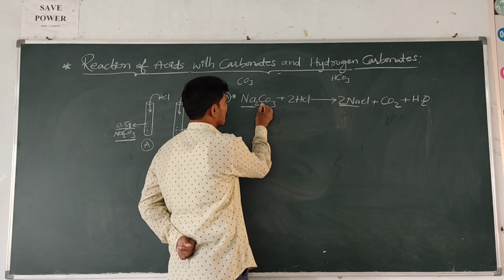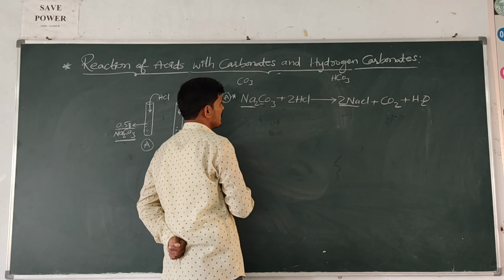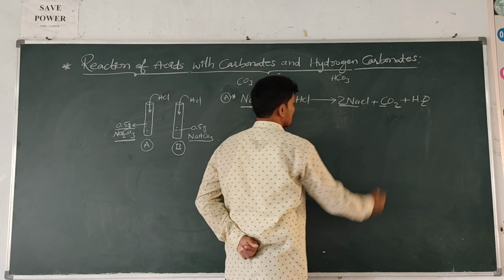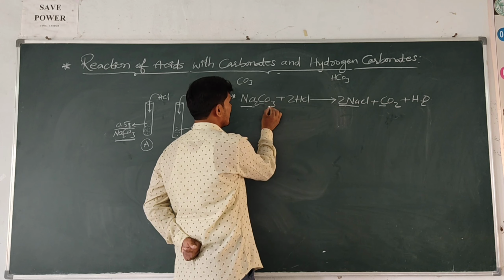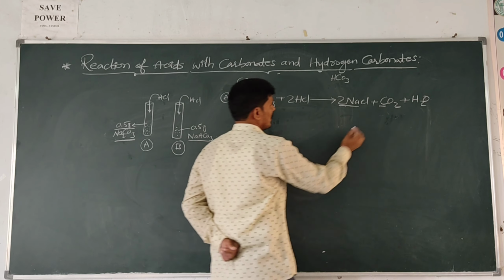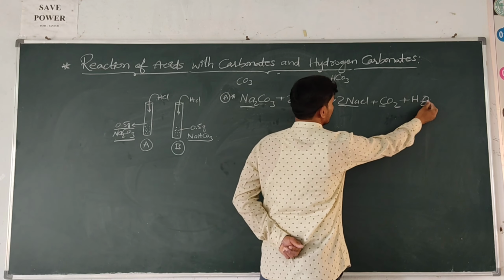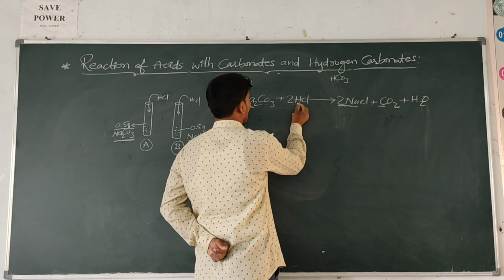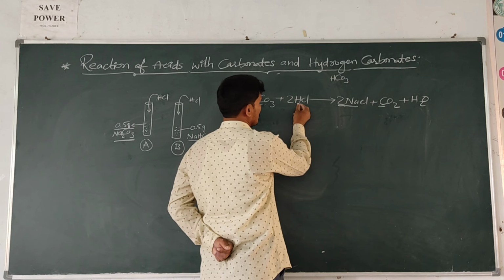Next, how many carbons are there? Only one carbon is present in the reactants. Here also only one carbon is present. How many oxygens are there? 3 oxygens: 2 plus 1 oxygen is present, so the 3 oxygens are balanced. Next, how many hydrogens are there? 2 hydrogens.